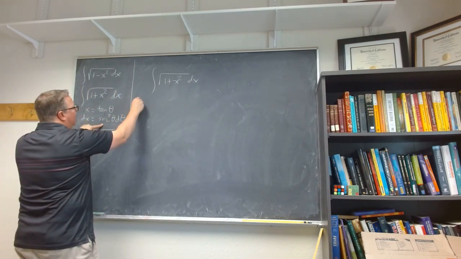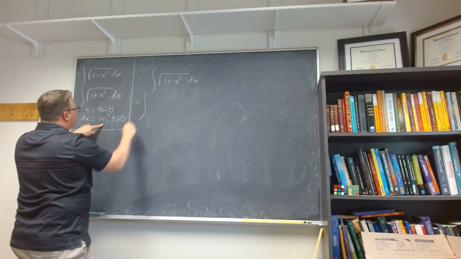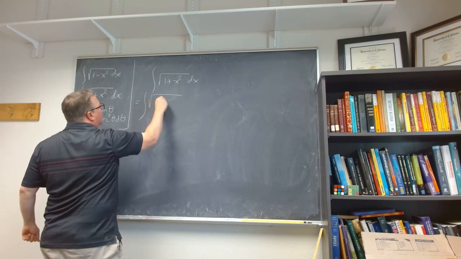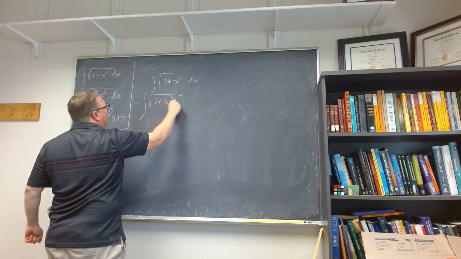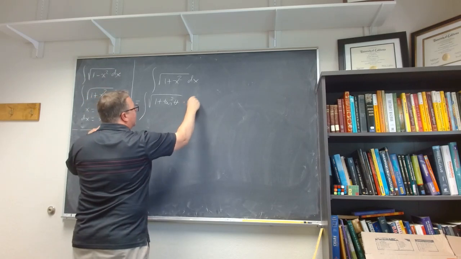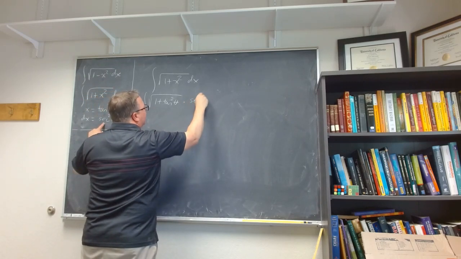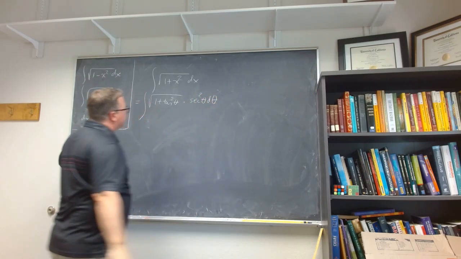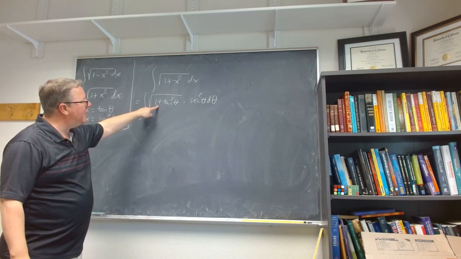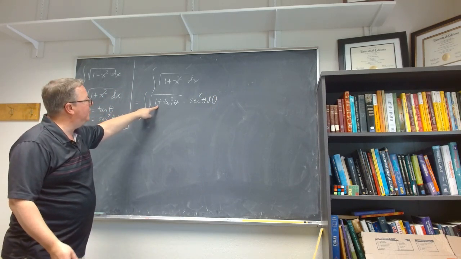So let's just take a peek at what this looks like. We're integrating the square root of 1 plus tangent squared of theta. And then we multiply by dx, which is now secant squared of theta d theta. Now remember, 1 plus tangent squared is secant squared.